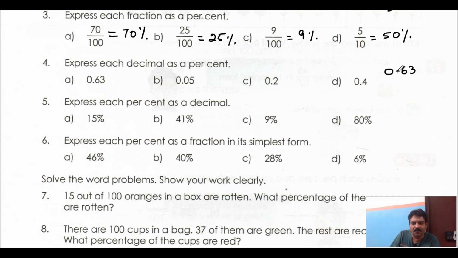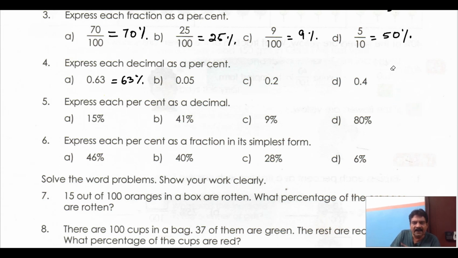The point is before 2 digits, so you have to divide by 2 zeros, that is by 100. So it is going to be 63 out of 100. Anything out of 100 is equal to its percent, so it is 63%.